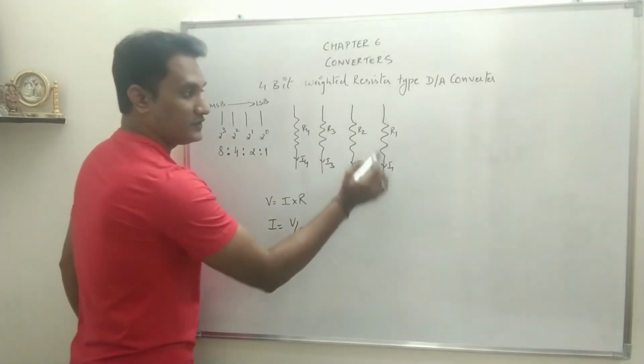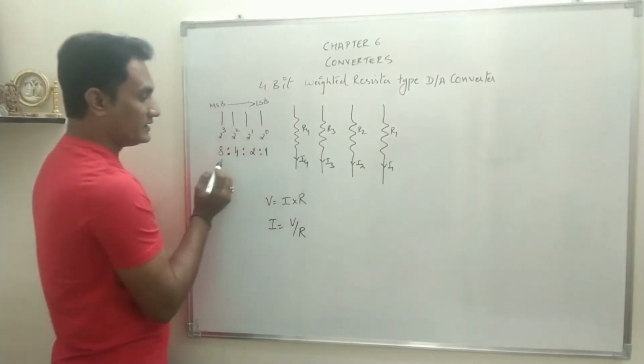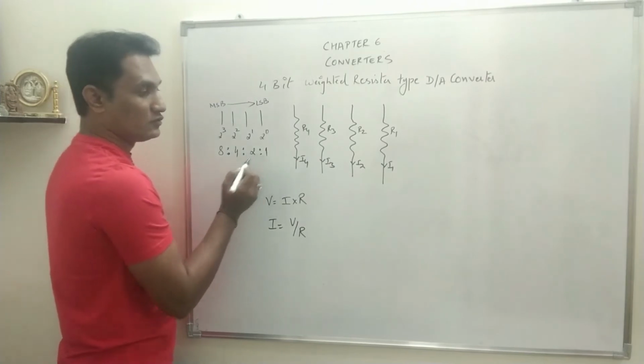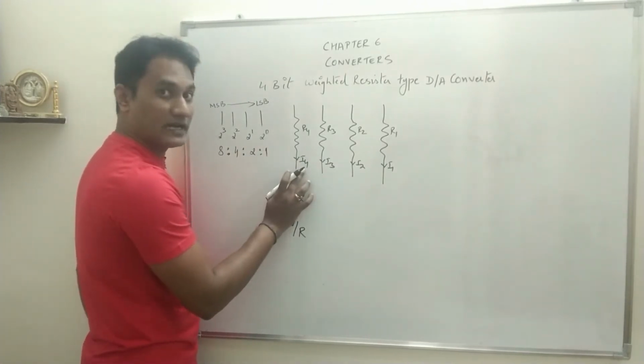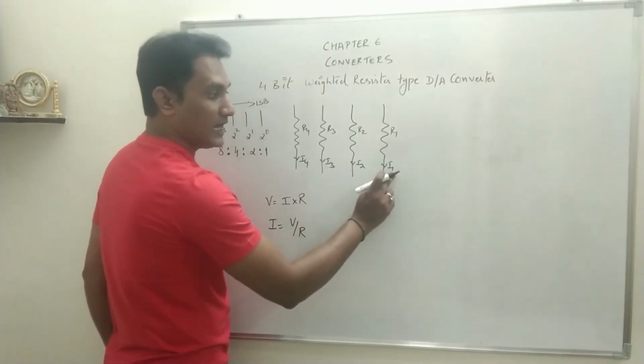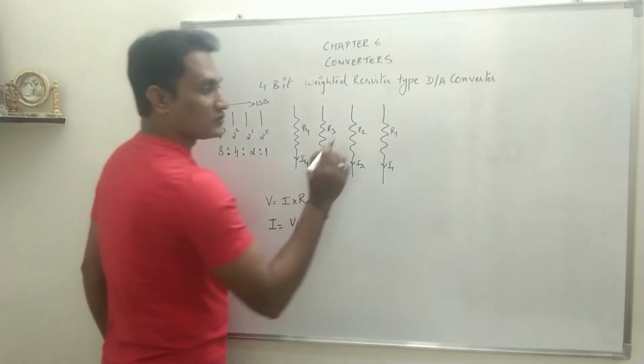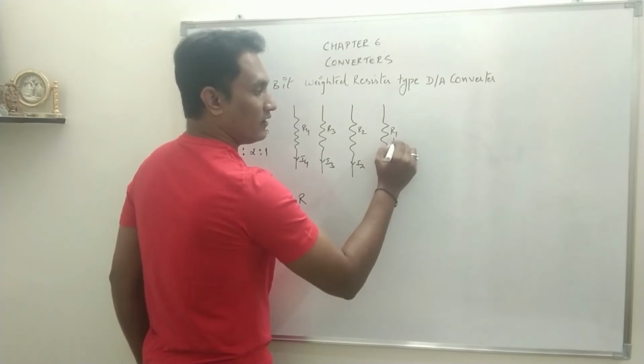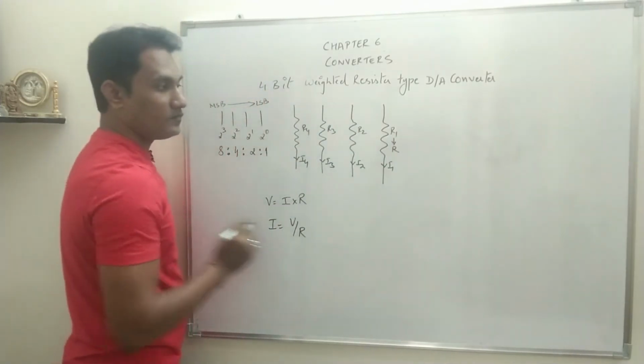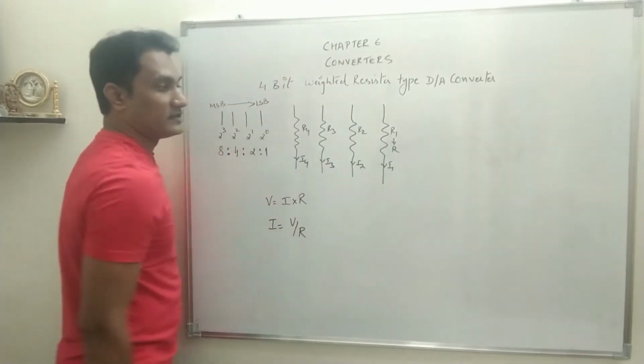Now the currents flowing through the resistances should be in the ratio of 8:4:2:1. That means maximum current should be at I4, minimum current at I1. So suppose I select the value of R1 as R, what will be the next resistance value?